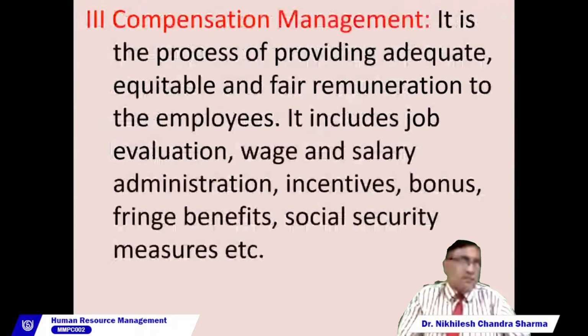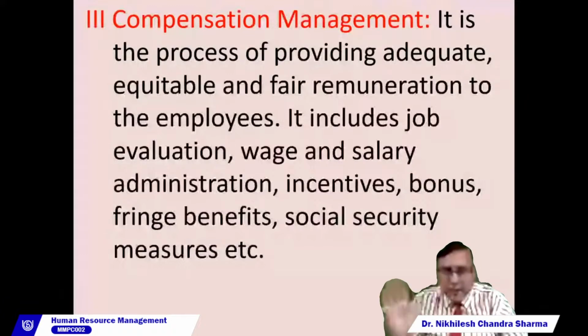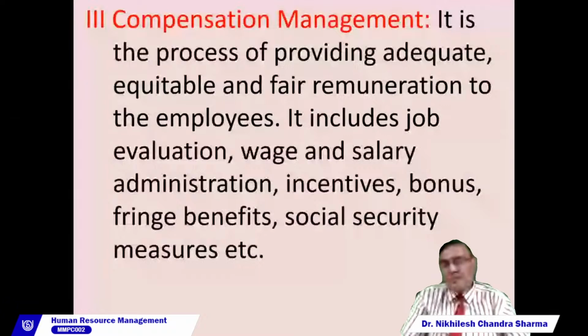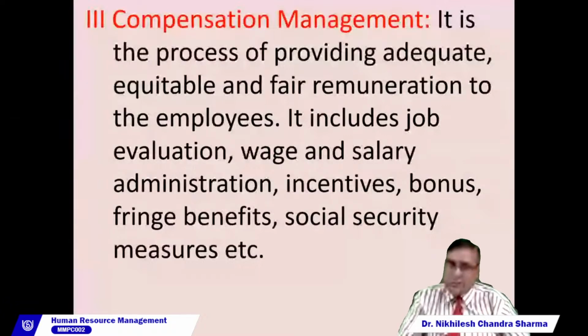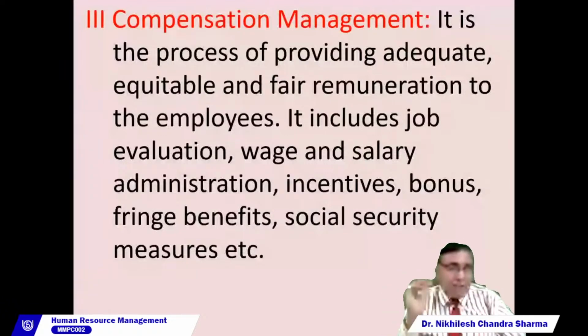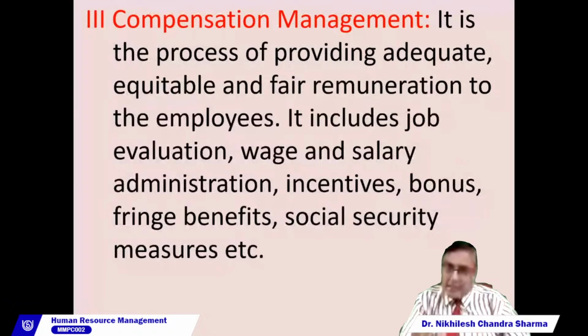Compensation management. A new segment is compensation management. It is the process of providing adequate, equitable, and fair remuneration to the employees. It includes job evaluation, wages, salary administration, incentives, bonuses, fringe benefits, social security, and other measures.